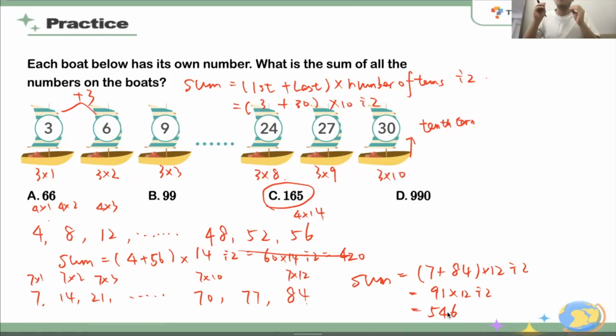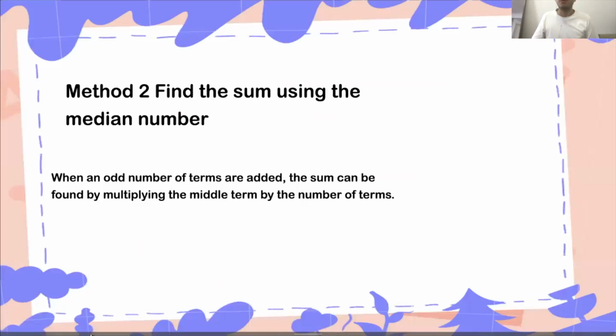Okay, I will move to the next question, okay? And what is the next part? We have another special method. We can find the sum using the median number. We use the middle number of our sequence to find the sum, right?